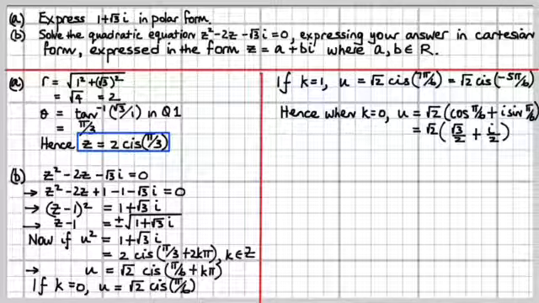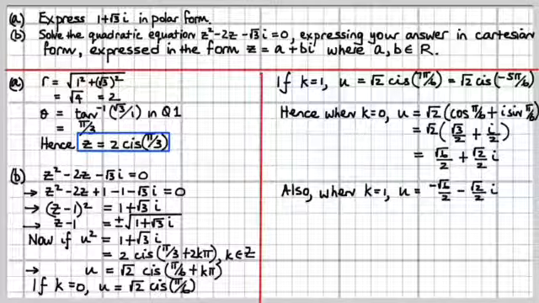This is good. Yes, agree? Yes, I've got it round the right way, haven't I? I haven't mixed these values up. No, that's right. Cos of pi on 6 is root 3 on 2, sine of pi on 6 is a half. Everything's good. So that comes to that. Okay, very good. Now, when k is 1, same procedure, but we get that.